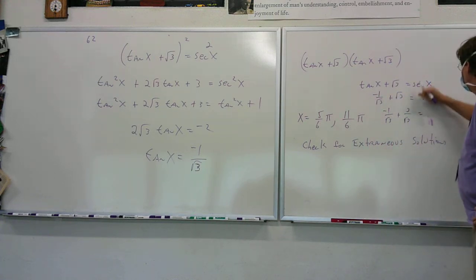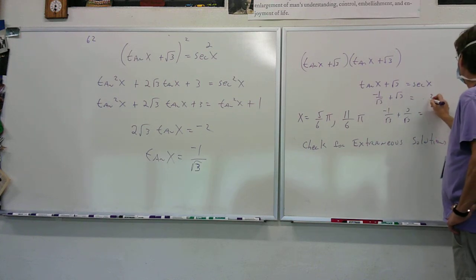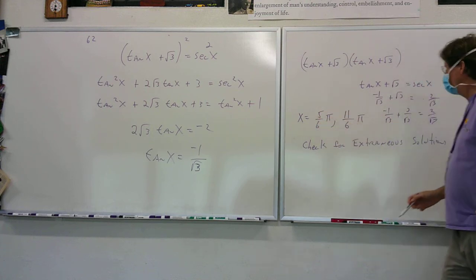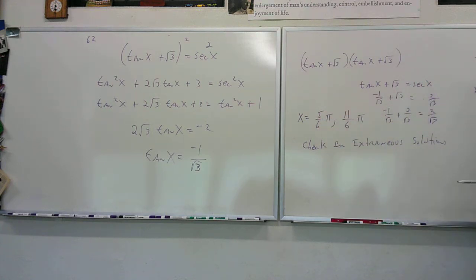Mr. Evans, that's a secant, so that should be 2 over square root of 3, and it does work. Okay, so that one works. Fair enough. Then check 11 pi over 6, and the tangent of 11 pi over 6 is negative 1 over the square root of 3. Secant of 11 pi over 6 is still that, it still works. All right, so they both work. But always check them when you square both sides.